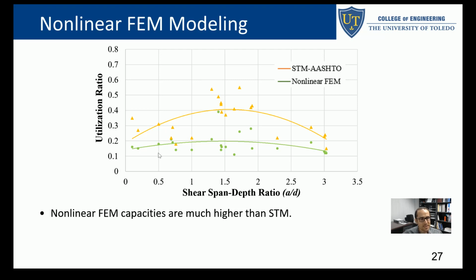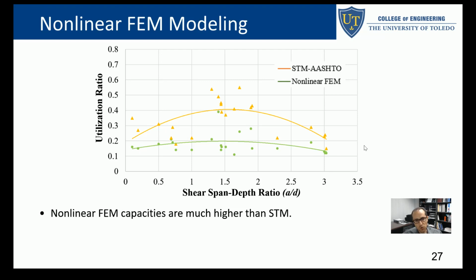So as you can see, finite element is pretty constant across different span depth ratios. It converges to strut-and-tie for very deep members as well as slender members. I'm not saying very slender because slender starts after 2.5. So a typical slender member has shear span depth ratio 5, 6, 7, 8, right?